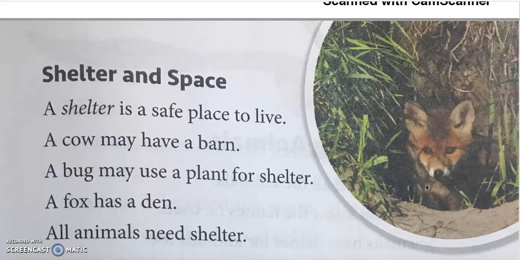They dig the ground. And horses and cows, they have barns. And some animals, they live under the rocks. And some animals, their shelter can be in the plant. So there are many different shelters for different types of animals. It's not just one shelter for all the animals, right? Different shelters.